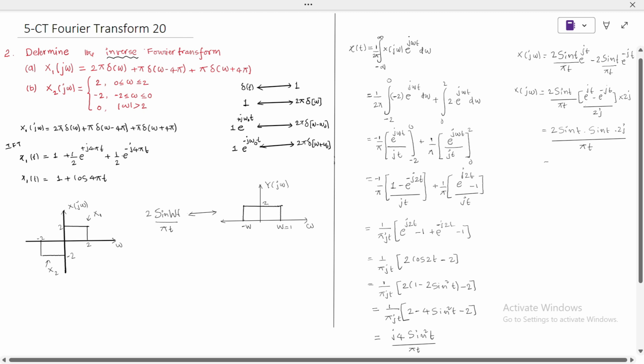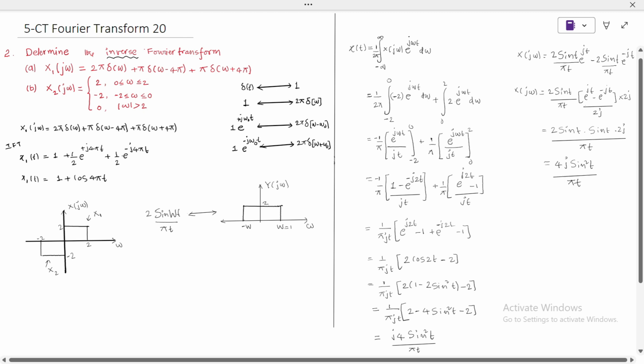In the final step, we are getting 4j sin square t by pi t.